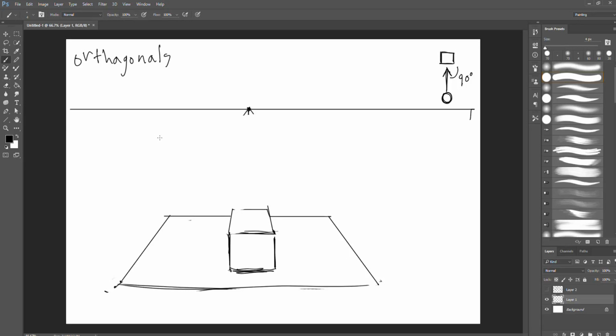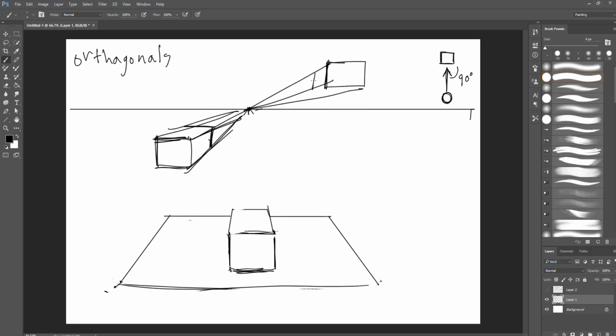And just to drive this point home, this will happen no matter where I place an object in a scene. So I can put a box anywhere in my view, and as long as this front face is 90 degrees to my vision, all of its orthogonals will recede to the same vanishing point.